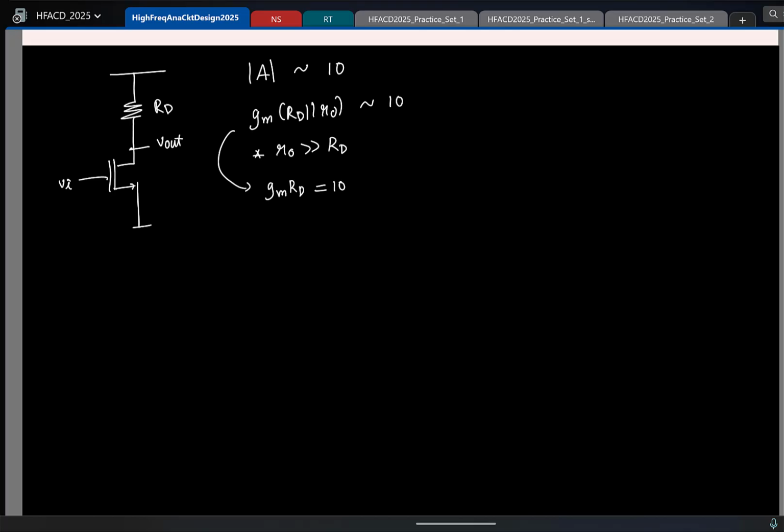So if GMRD has to be 10, how much should be GMR naught? It should be much greater than GMRD, right? Because I have assumed R naught to be much greater than RD. So GMR naught is much greater than 10. So let's say I choose it to be about 100, roughly 10 times greater, to be safe. So which means I know GM by GDS here.